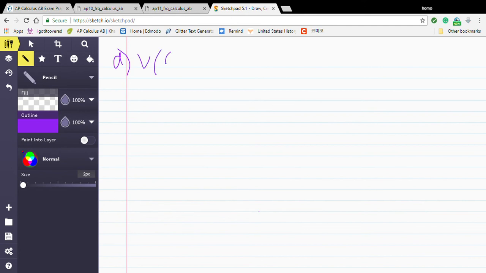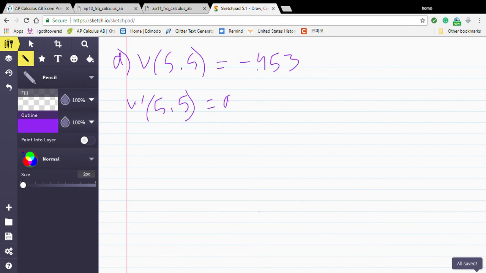So we have to find the velocity at 5.5, and this is a graphing calculator problem, so we just plug it in and we get negative 0.453. Then we take the derivative of velocity, which is the acceleration.